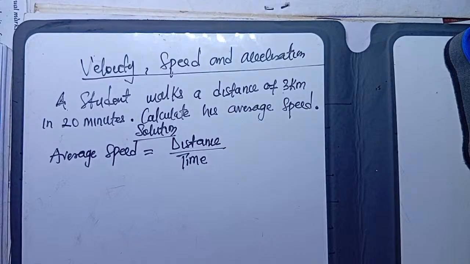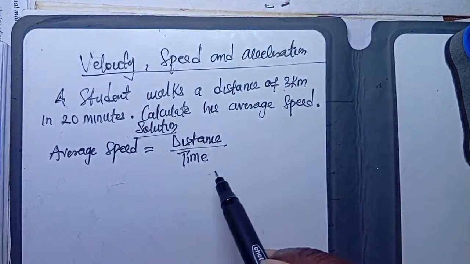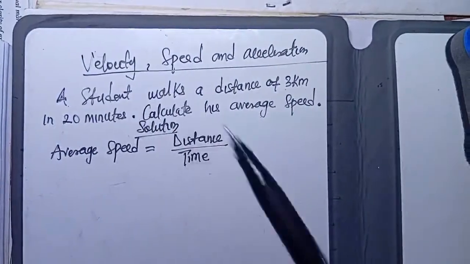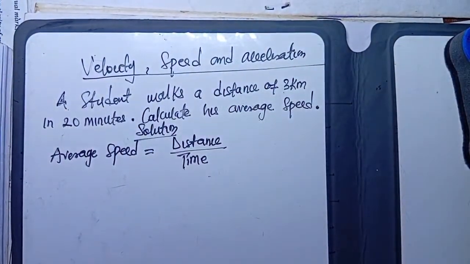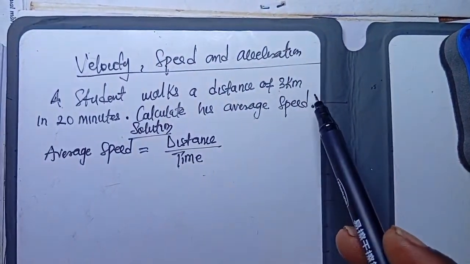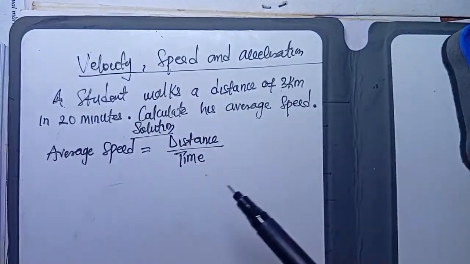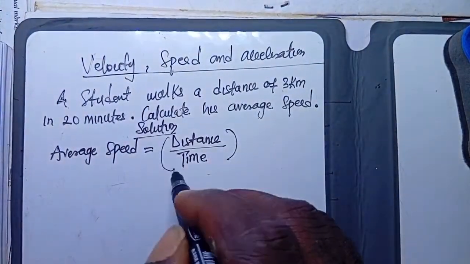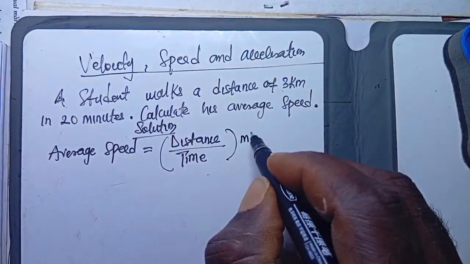So the solution to this, in your school, you're able to see that in solving. He said a student walks a distance of 3 kilometers in 20 minutes. Calculate the average speed. Now, the unit for average speed is meter per second.